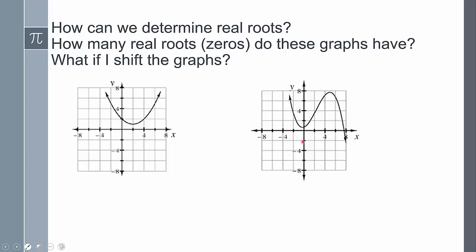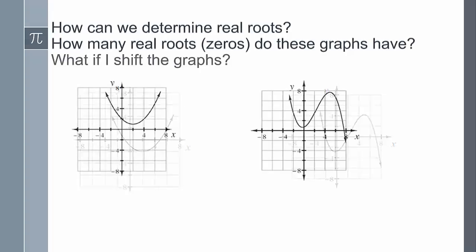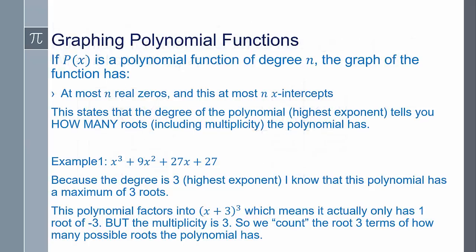This one previously had 3 roots, but when I shifted it up, it only has 1 real root now. Where do those other 2 roots go? We would categorize them as imaginary roots now. And so just know that the number of roots has a very direct correlation to how our polynomial looks.